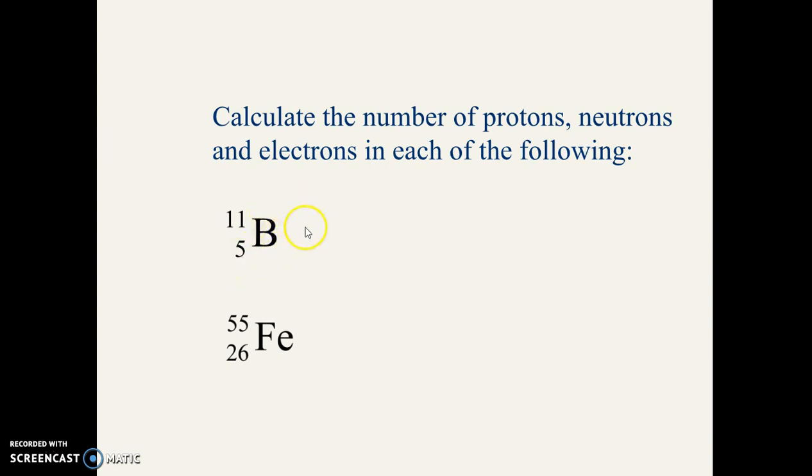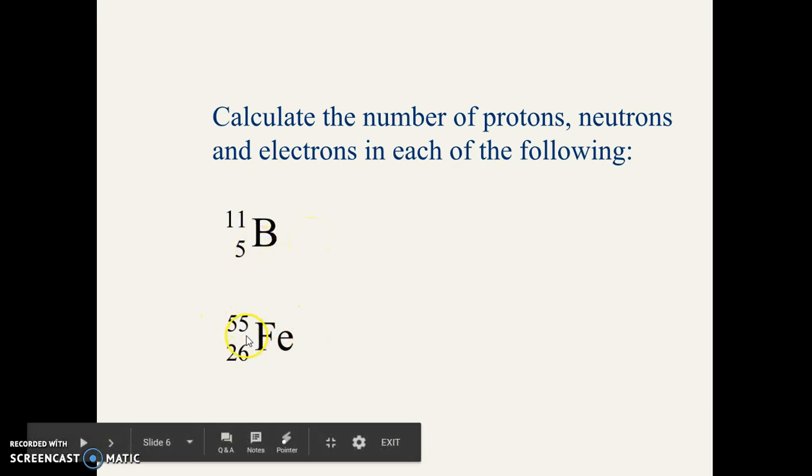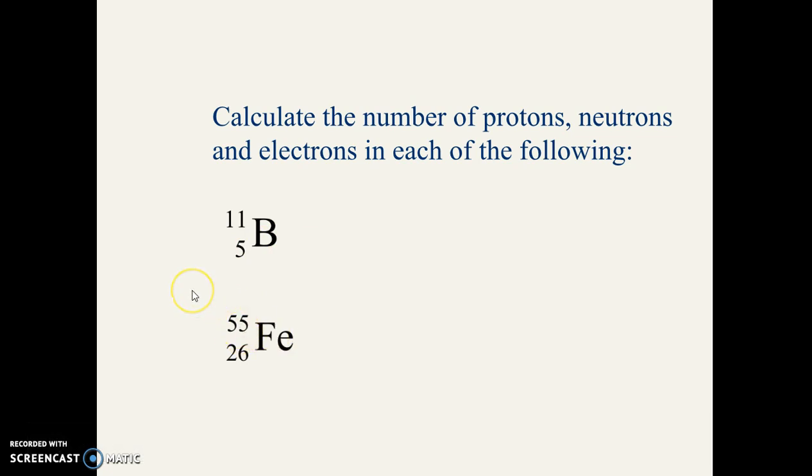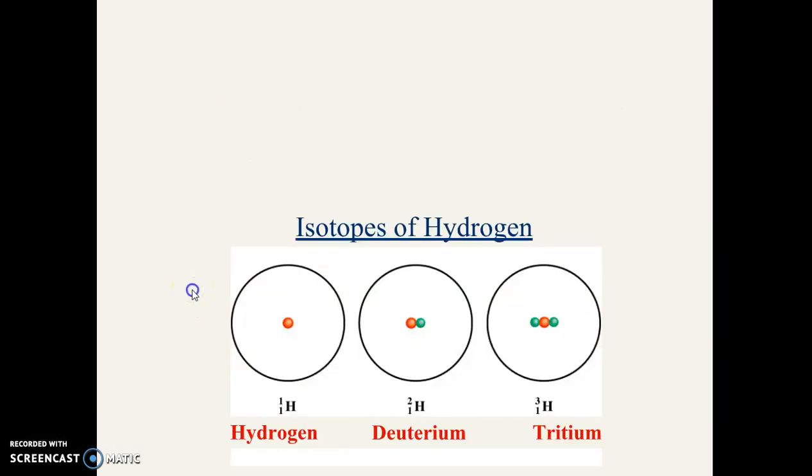There's no charge up here, so that tells me the number of protons and electrons have to be the same. So there's 5 electrons. Now for the trickier one, if I know that protons plus neutrons is 11, I have 5 protons. How many neutrons do I have to have? Well, 5 plus what equals 11 is 6. So I have to have 6 neutrons in this atom. Go ahead and see if you can figure out the protons, neutrons, and electrons, and we'll review that part in class.